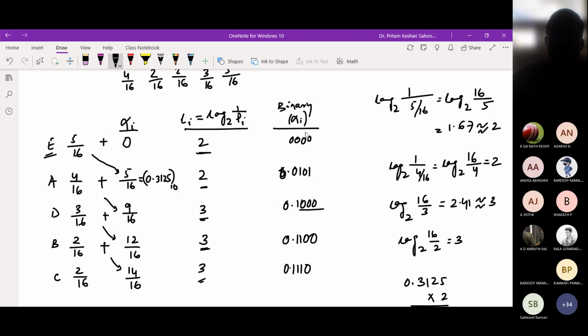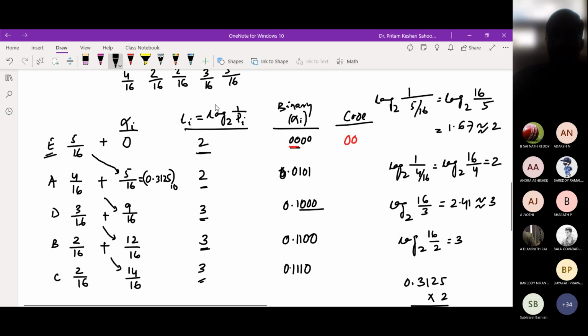So this is the binary representation of your alpha I. And finally, what is the code? Since the length is 2 bits, you take only 2 bits, that is 0 0.